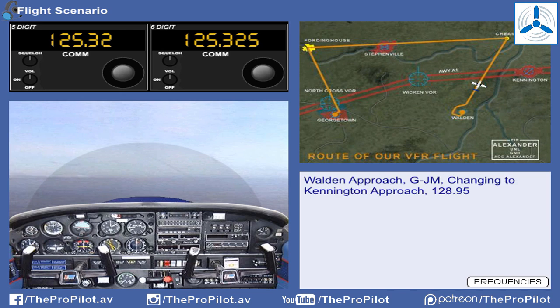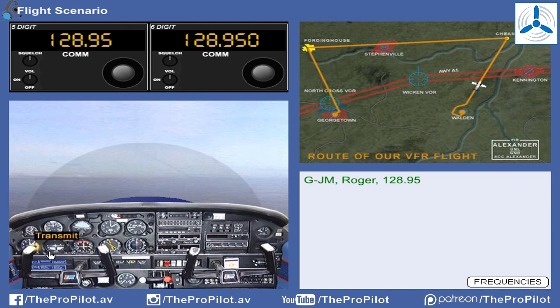Walden approach, Golf Juliet Mike, changing to Kennington approach 128.95. Golf Juliet Mike, roger. 128.95. Kennington approach, Golf Foxtrot Hotel Juliet Mike for flight information service. Golf Foxtrot Hotel Juliet Mike, Kennington approach, go ahead.